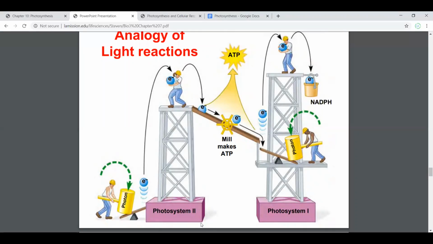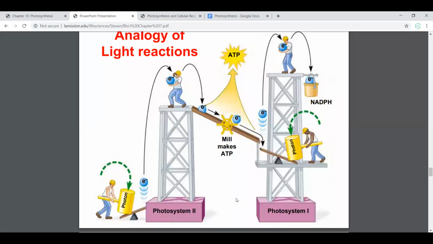Now, the interesting thing about this molecule, PS2 plus, is that it's almost the strongest oxidizing agent in the world. In any organic molecule, PS2 plus is the strongest oxidizing molecule. This means its craving for an electron is so strong that it will do anything to get that electron.